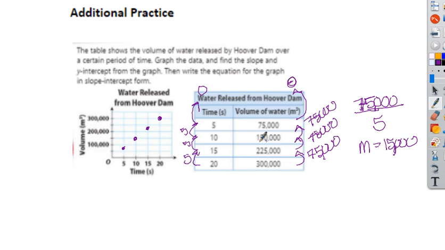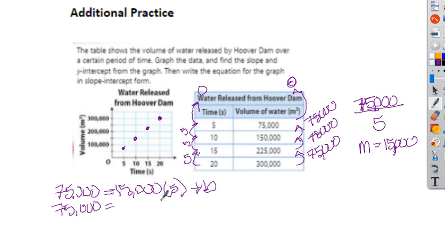Now I do want to have the work to solve for b using the equation. So I'm going to use the smallest numbers just because that'll make it the easiest for us. So we're going to go 75,000 equals 15,000 times 5 plus b. So 75,000.